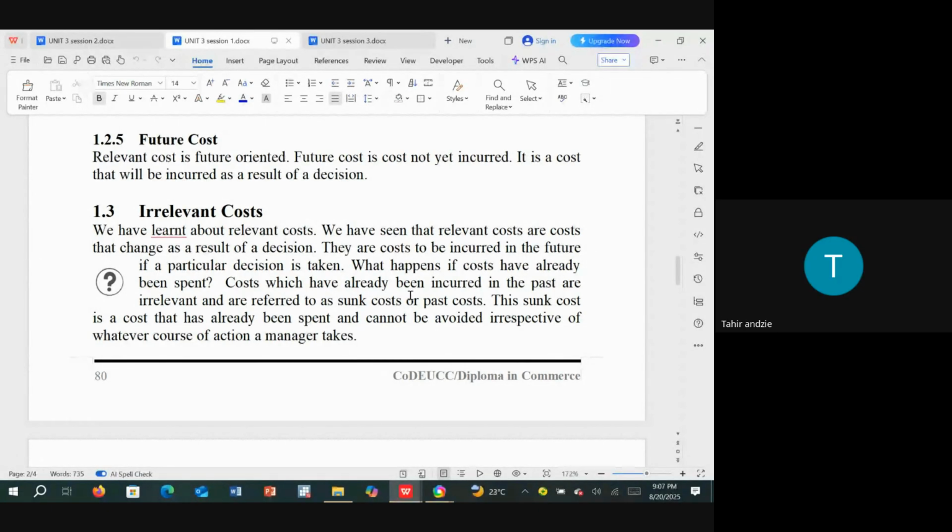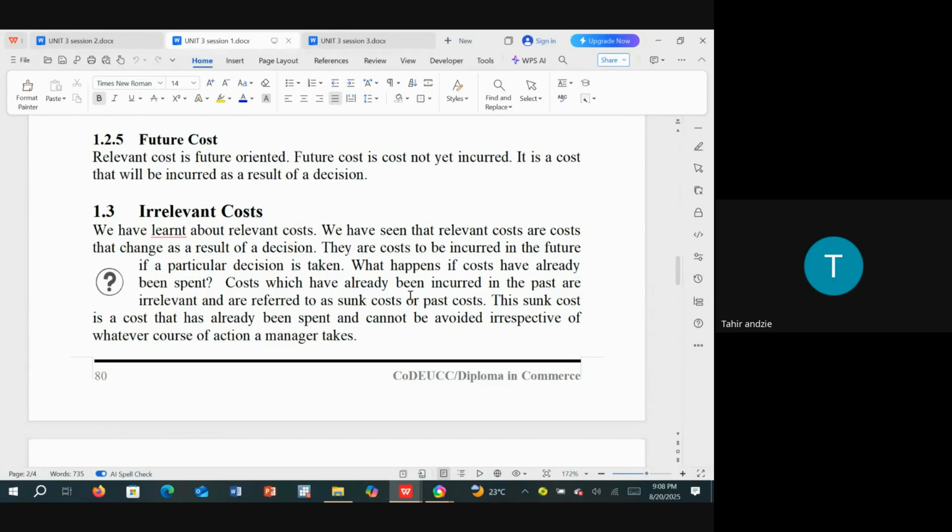Because the trip did not come on, so it has become an irrelevant cost, and the money has gone to waste. So you explain it this way: that cost has been incurred and it's a sunk cost.